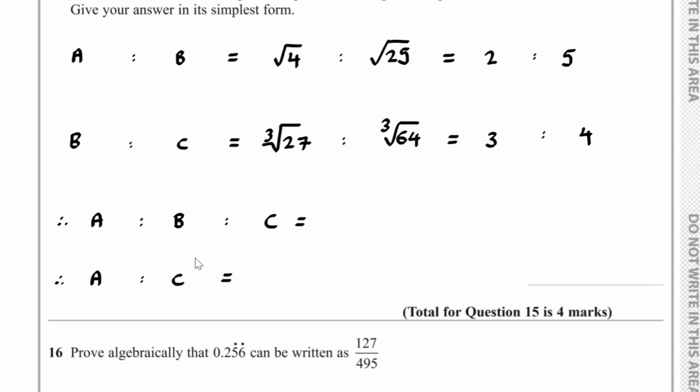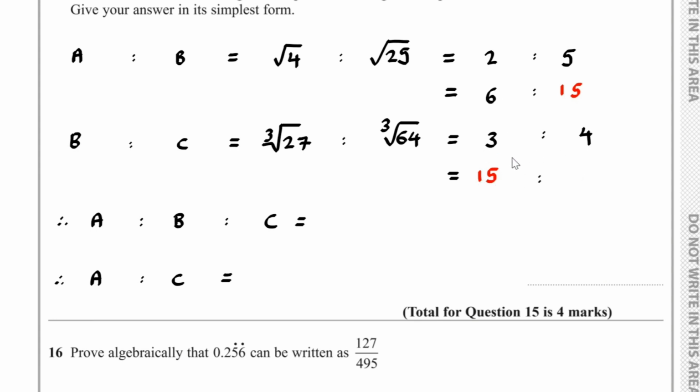So if I find out the ratio of A to B to C, well, currently the B's aren't the same. I need to make them the same somehow. The lowest common multiple of 5 and 3 is 15. So I want 15 here, and I want 15 here. To go from the 5 to the 15, I times by 3. 2 times by 3 is 6.